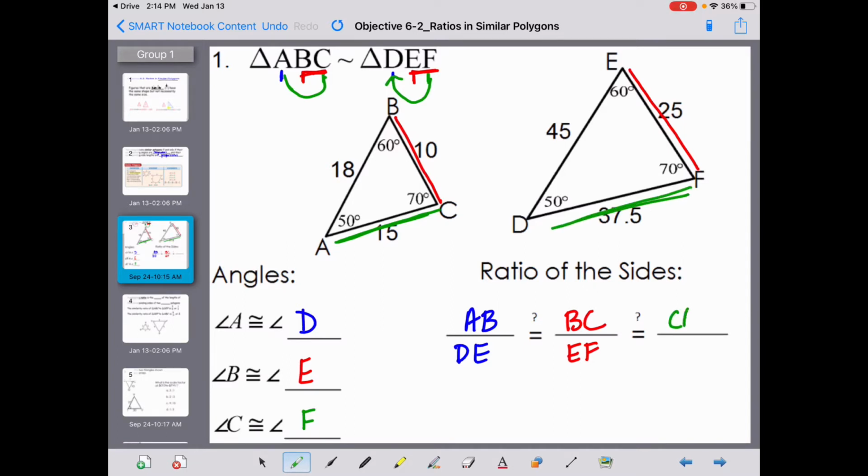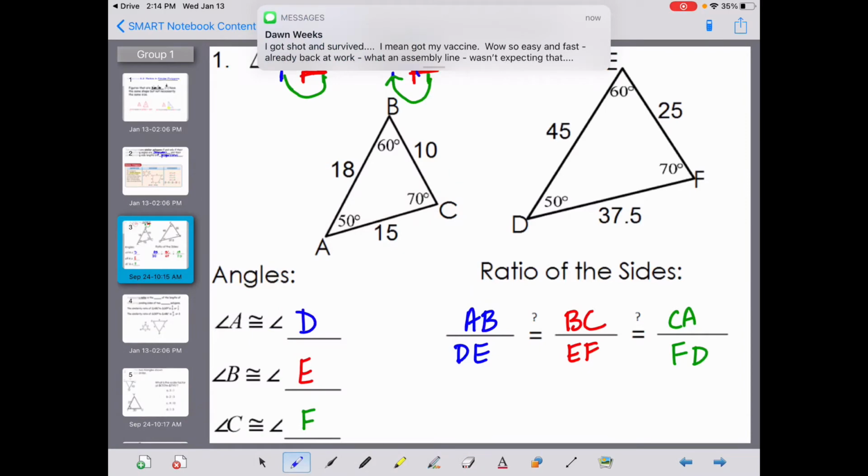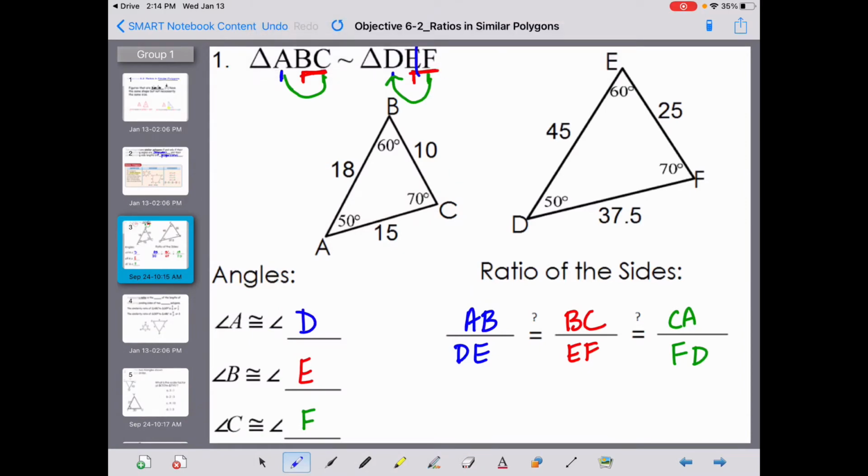So CA, FD. Now, I'm going to erase this just a little bit for a second so I can see my numbers here. So I'm going to go back to side AB. AB is 18. DE is 45.